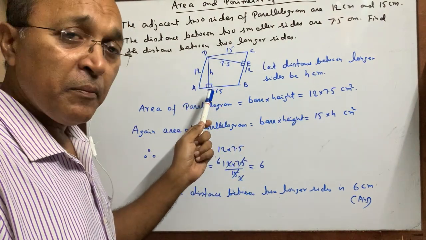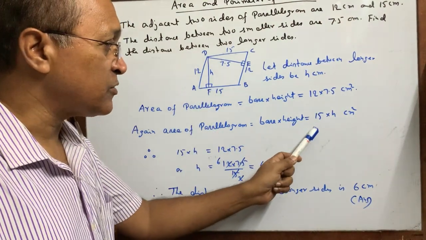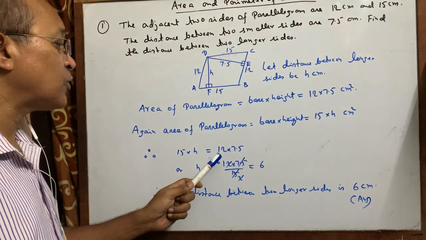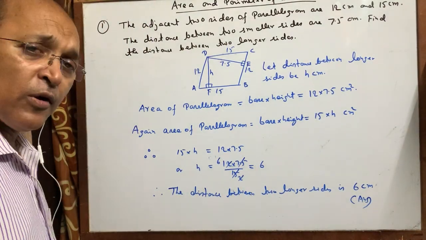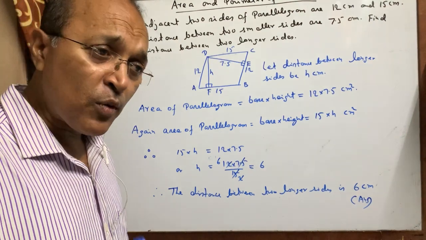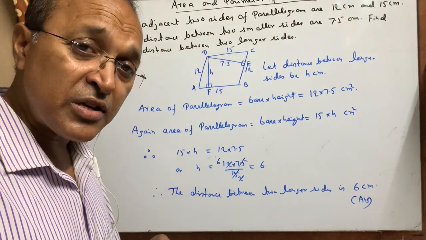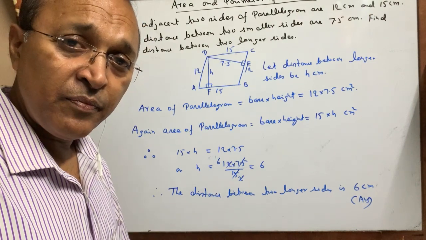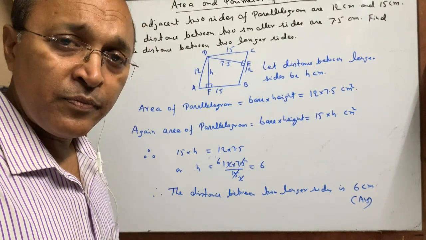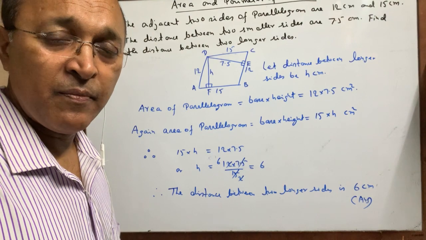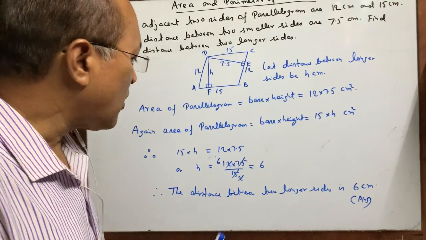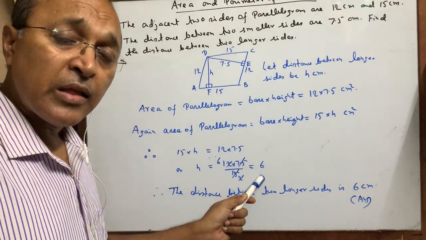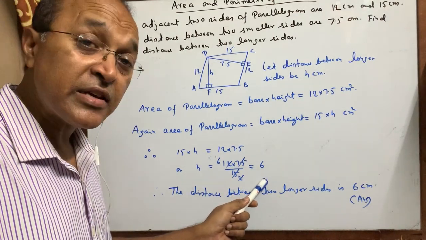So area becomes 15h. By the problem, 15 into h is equal to 12 into 7.5. You can keep all the calculations at the very last to do. That will help you immensely. So after a few cancellations, the height has been found as 6 centimeter.